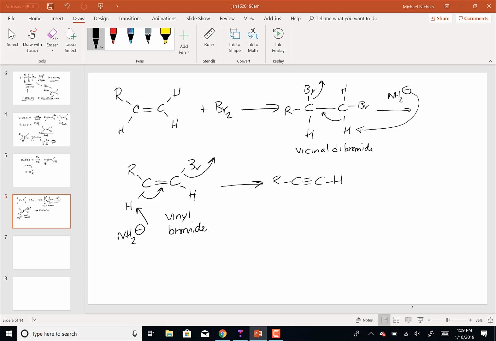Polyvinyl chloride becomes PVC, the white tubing that's under your sink maybe. So the vinyl term did make its way into popular words, not so much anymore, although they're making a comeback.